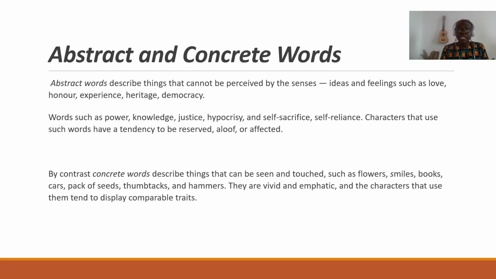You cannot see it, you cannot touch it, you can't taste it, you can't hear it. And so ideas and feelings such as love. We perceive love differently than the sense of touch. We say it's something I feel, but it's not something that you can feel by touch.